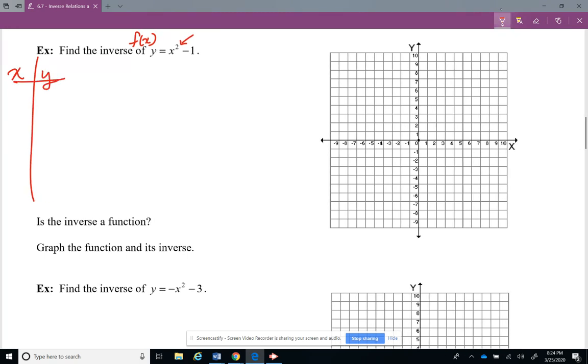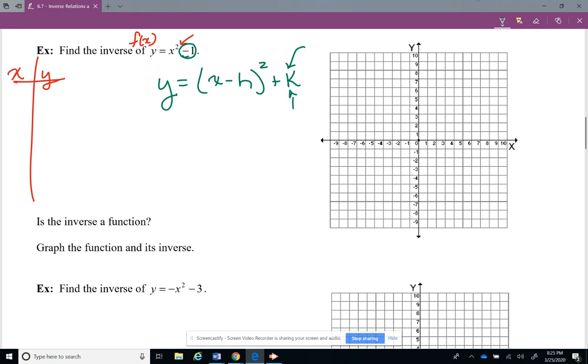And remember from whenever we worked on graphing parabolas, let me show you something real quick. y equals (x minus h) squared plus k. All right, remember that was the form for a quadratic equation or parabola, and this k is on the outside, so that tells you to go up or down.